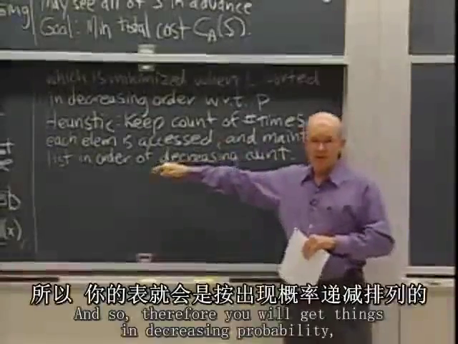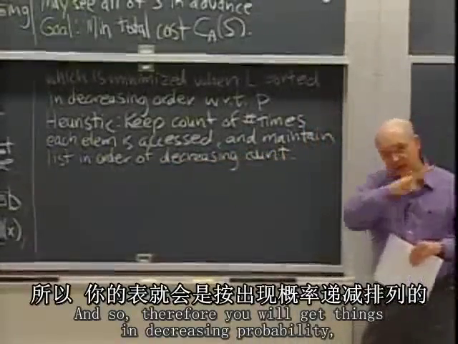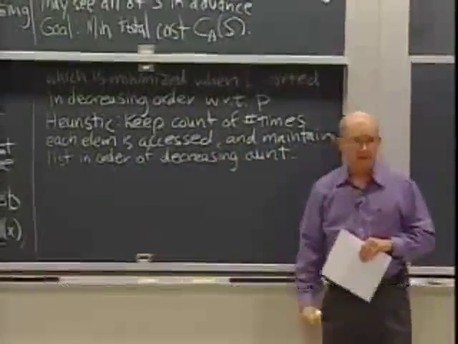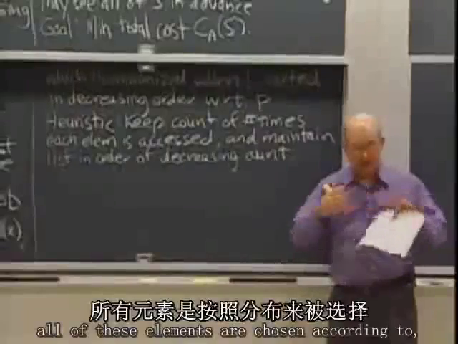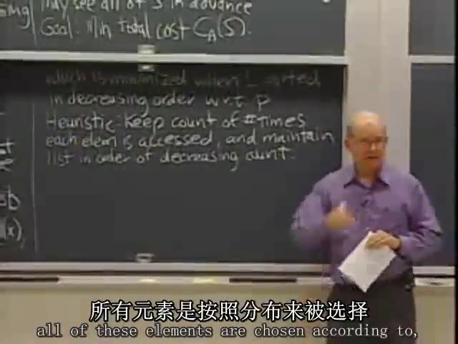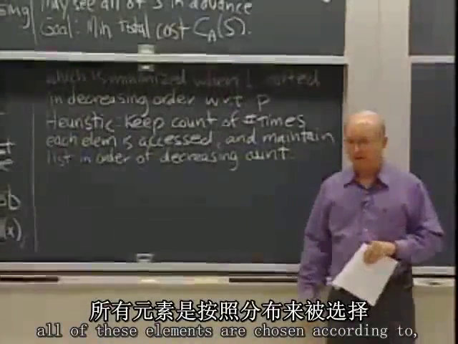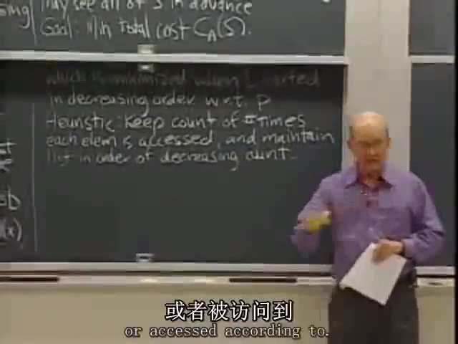And so you'll get things sorted in decreasing probability, assuming there is some distribution according to which all of these elements are accessed.